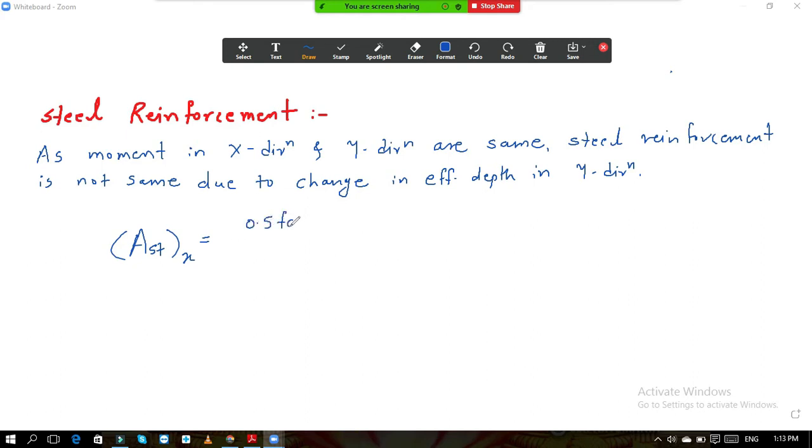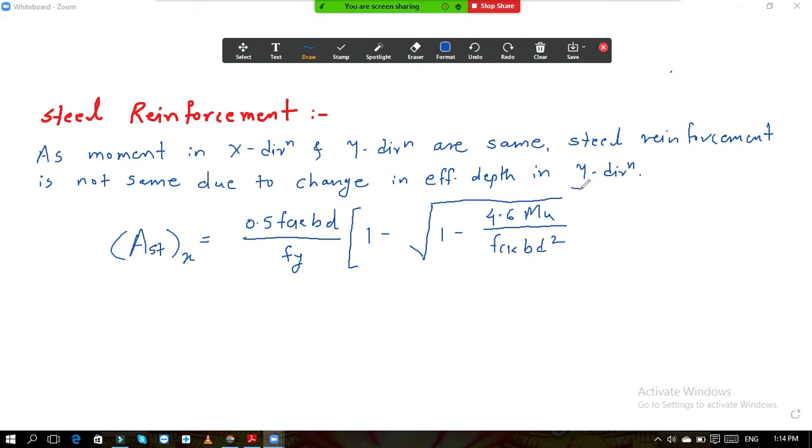ASTX equals 0.5 FCK BD divided by FY, in bracket, 1 minus under root 1 minus 4.6 Mu upon FCK BD square. This is the formula. Now put the values.